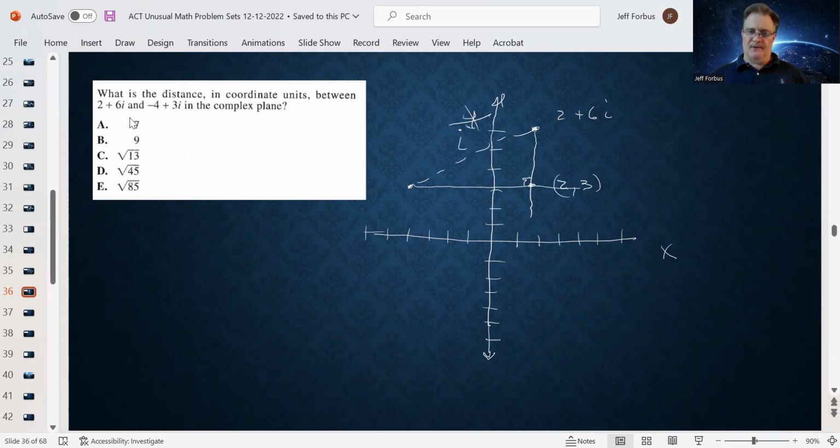So the distance from here to here is 6 minus 3, 3. The distance from here to here is 2 over and 4, so a total of 6. Now we need this distance.